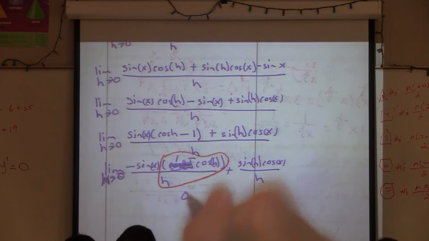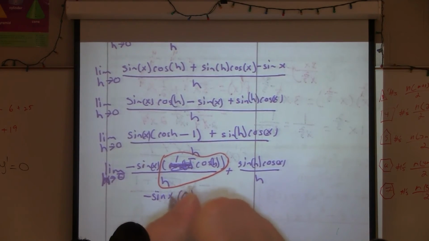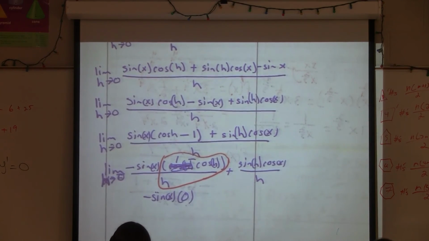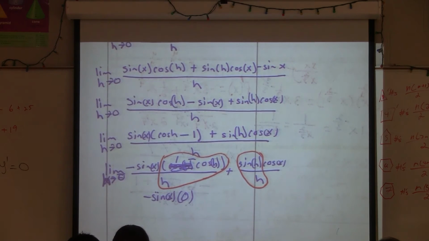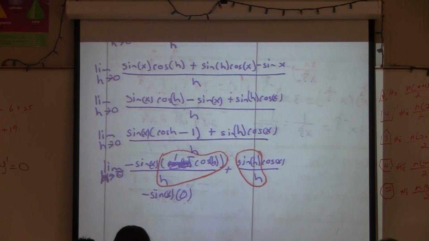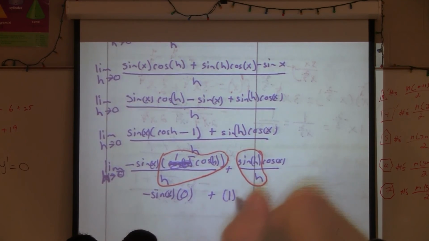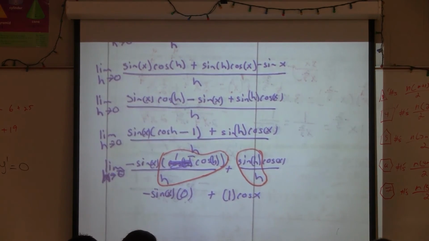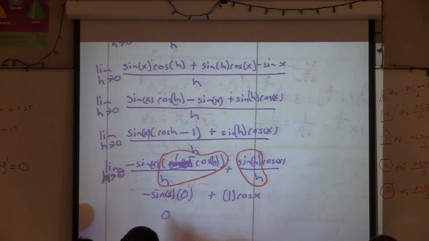That would give me 0 times negative sine of x. And what would this one give me over here? That's the other one, right? So that would be plus 1 times cosine of x. So what's sine times 0? So that's 0 plus 1 times cosine.